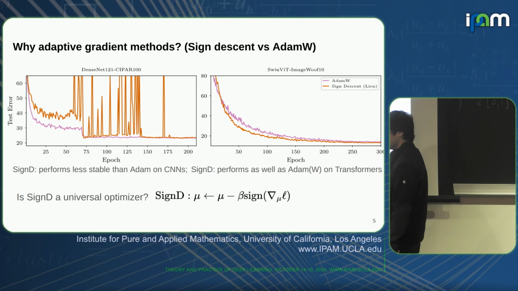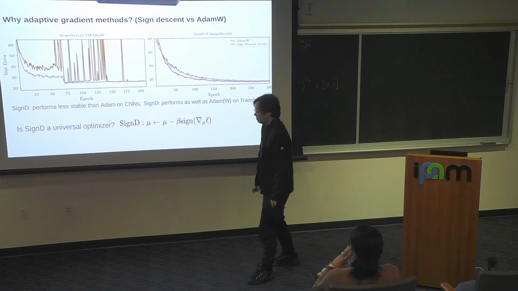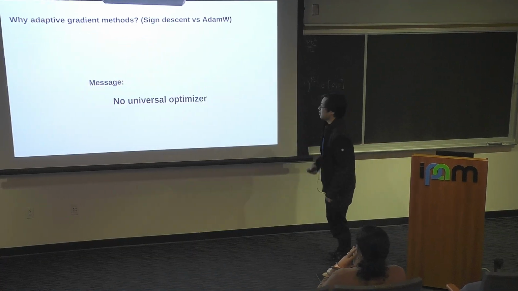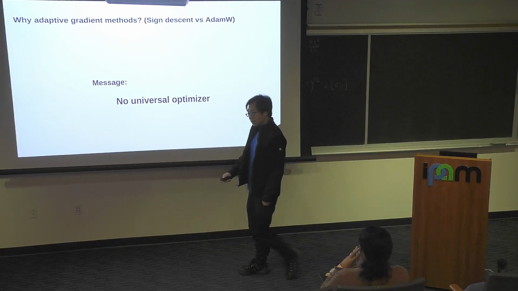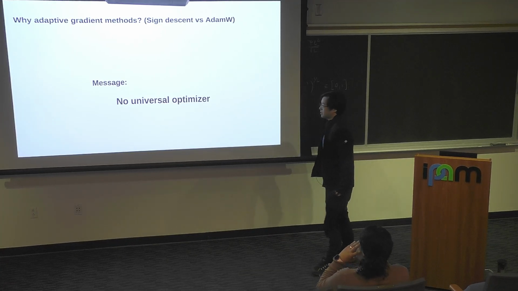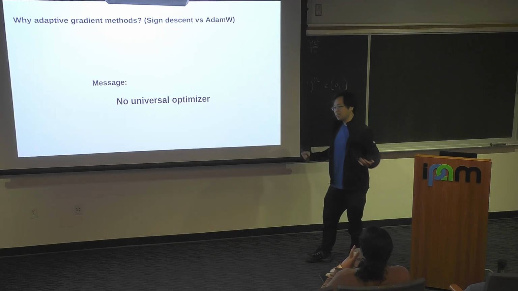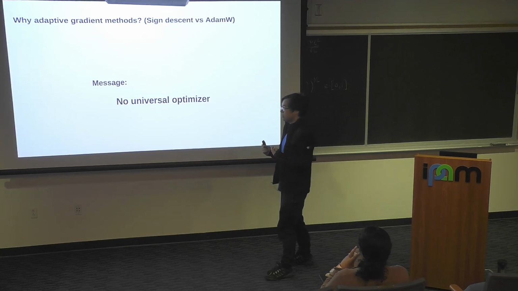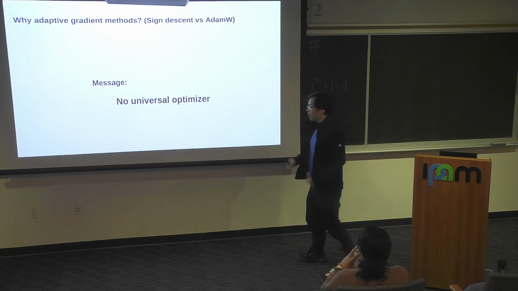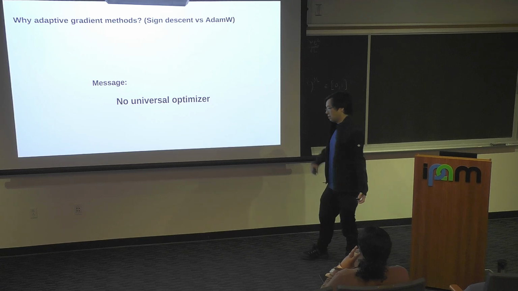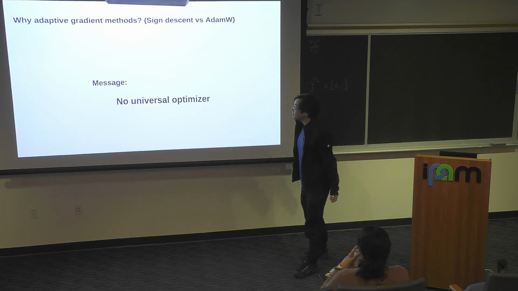So is sign descent a universal optimizer? No. So the message is that there's no universal optimizer. So the focus of this talk is about presenting a framework to design many adaptive methods instead of focusing on one particular optimizer. And moreover, adaptive methods are more flexible than sign descent and stochastic gradient descent.